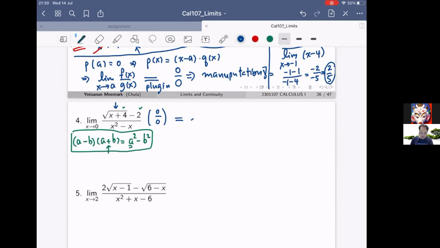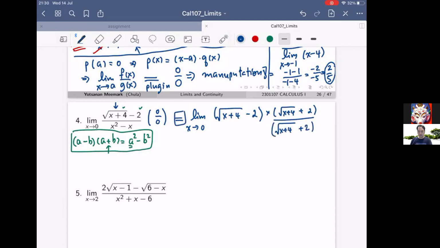So you copy this one and then multiply by a plus b. Of course, if you multiply by this to keep things equal, you divide by the same thing so that it looks like you multiply by one, so everything will be the same.